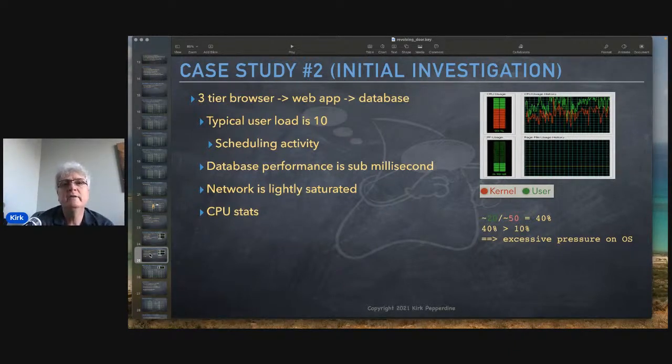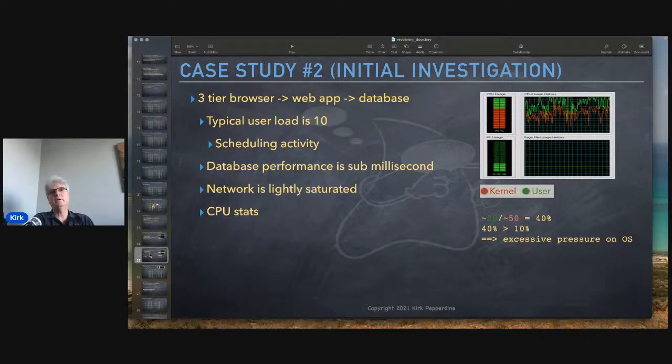Now, again, you can see that the ratio here is about 40% of user kernel time. It's really, really high. Now, I have a finger in the wind estimate of about 10% for what I call the allowable ratio of pressure on the kernel by the user code.